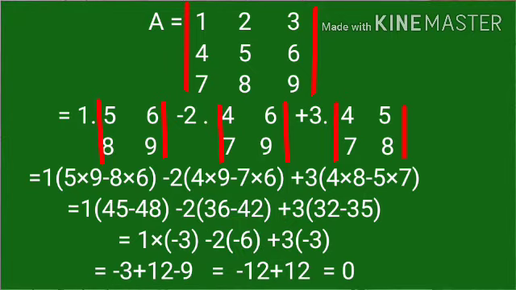Plus 3 into the difference between 32 and 35, which is minus 3. Now 1 into minus 3 is minus 3, minus 2 into minus 6 is plus 12, and last is plus 3 into minus 3, that is minus 9. Now minus 3 and minus 9 is minus 12, and minus 12 and plus 12 cancel out, so you will get 0. So the value of this determinant is 0.